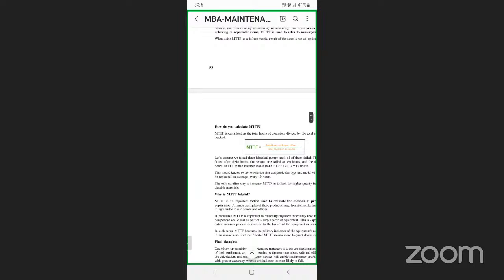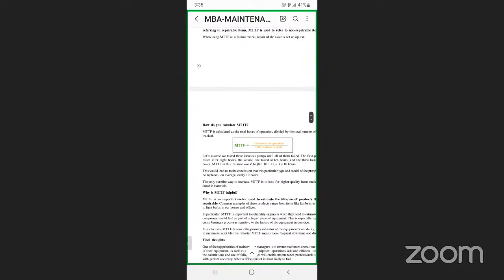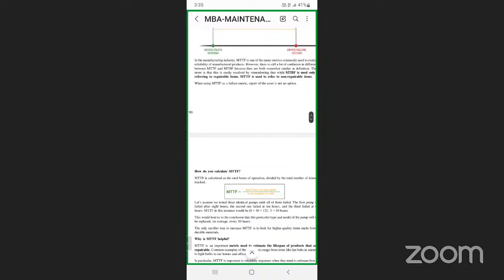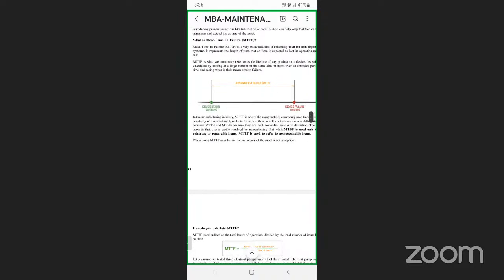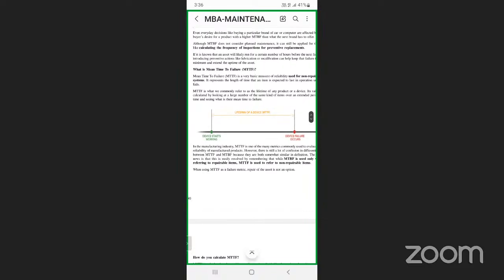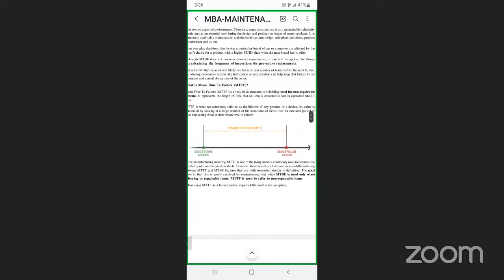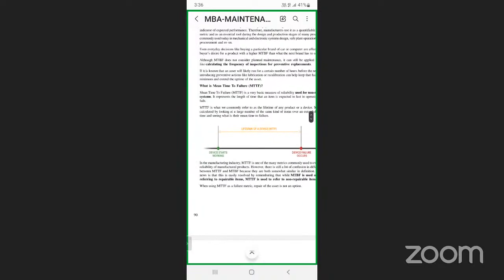One more metric: mean time to failure. Mean time to failure is a very basic measure of reliability used for non-repairable systems.